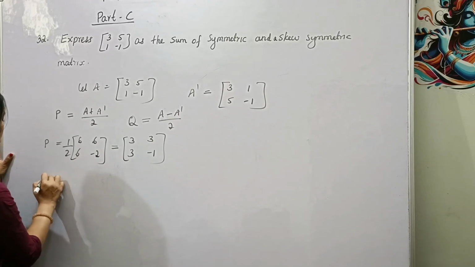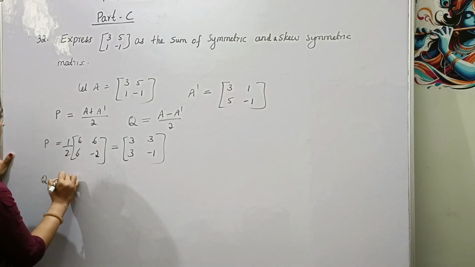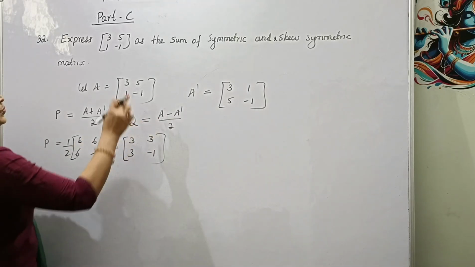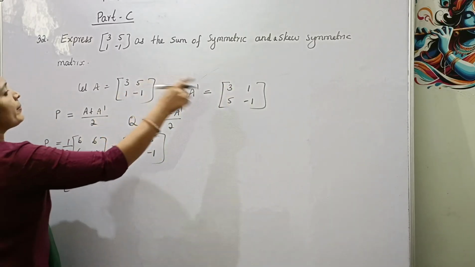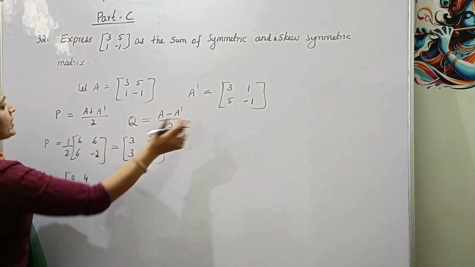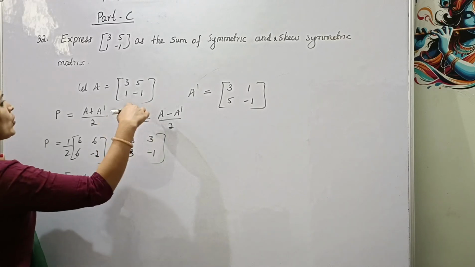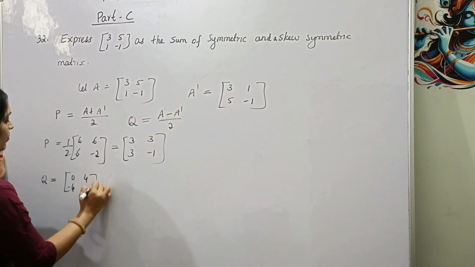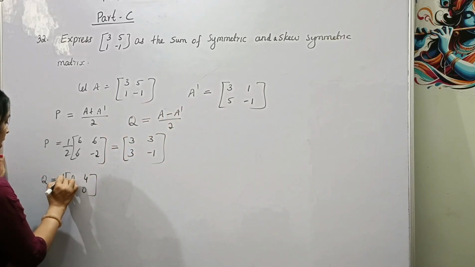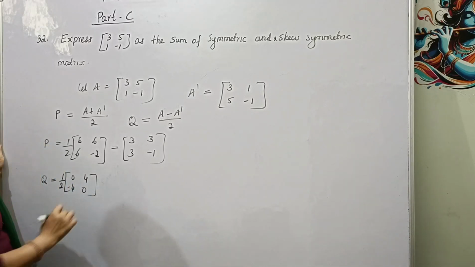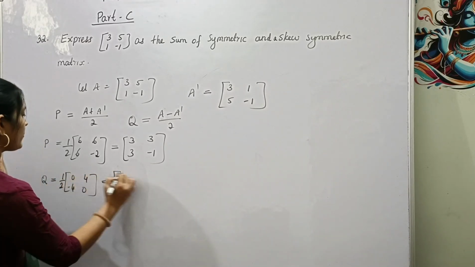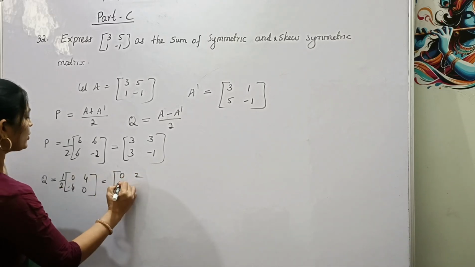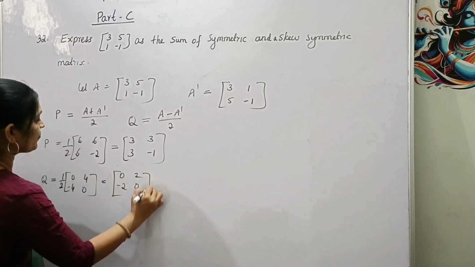Next, the skew symmetric matrix Q is equal to A minus A transpose: 3 minus 3, 0, 5 minus 1, 4, 1 minus 5, minus 4, minus 1 minus minus 1, 0, divided by 2. That is equal to 0, 4 by 2, 2, minus 4 by 2, minus 2, 0.